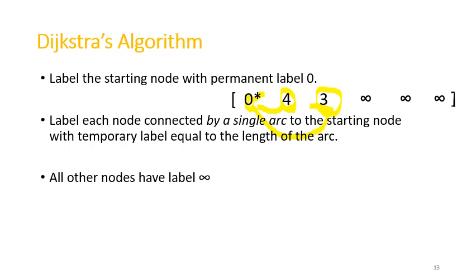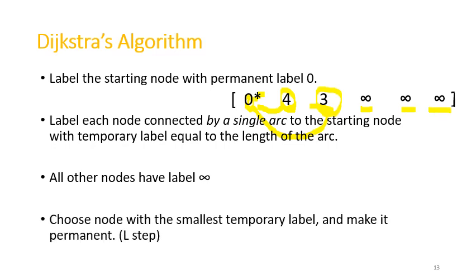Then it says that all other nodes have label infinity. So this is what we did. And then choose node with the smallest temporary label, make it permanent. I call this L step or labeling step. So the temporary labels are, remember, the numbers here that do not have an asterisk or that little star above the number.